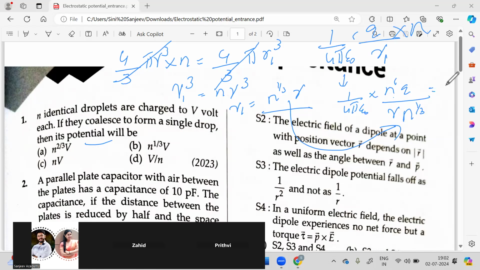So I'll be getting 1 by 4 pi epsilon naught into, this is 1 minus 1 by 3, n power 2 by 3 into Q. So this is basically, what is this? This is only my voltage. So n power 2 by 3 into V. Option A is the answer for this.